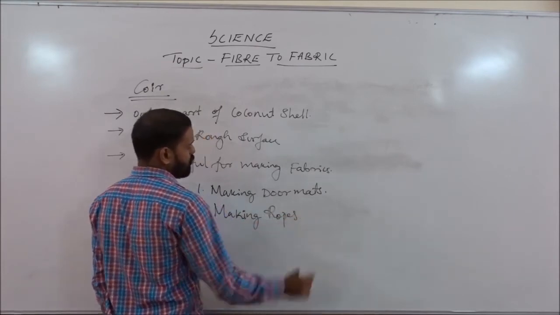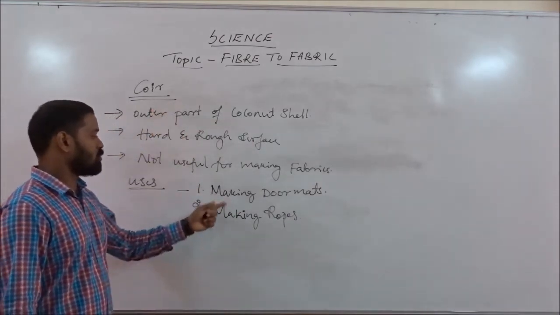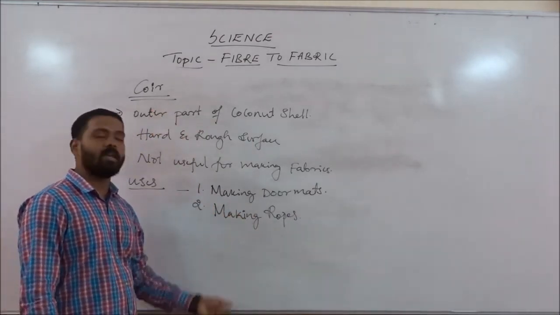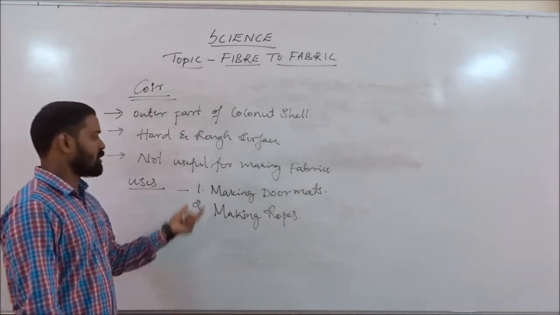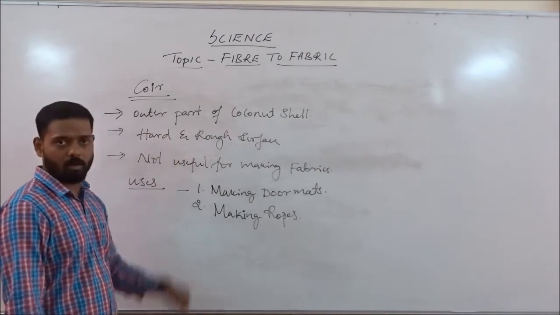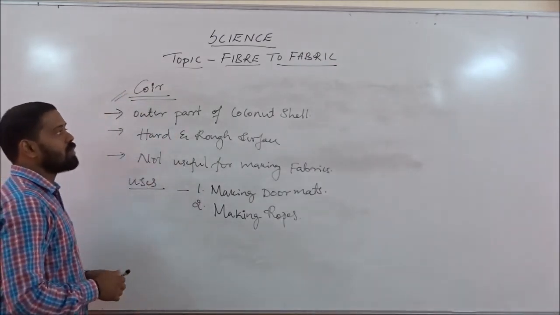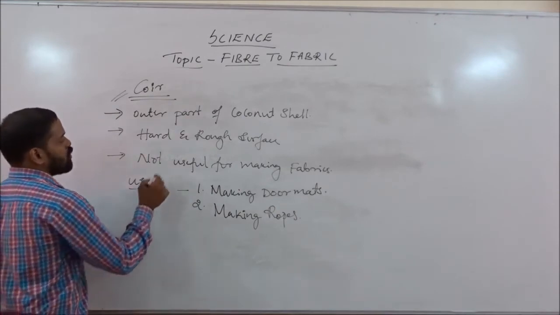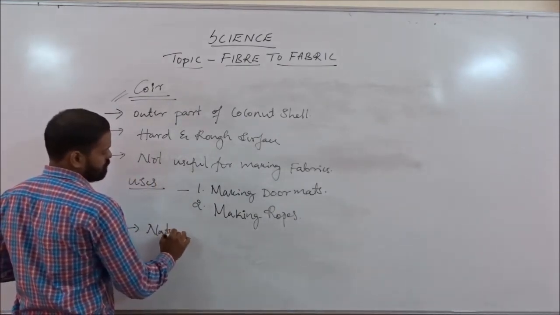So especially, coir is useful for making doormats and ropes, and small carpets are also made using this coir. Understood now? So coir is also one of the natural plant fibers.